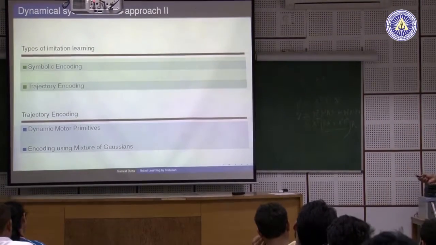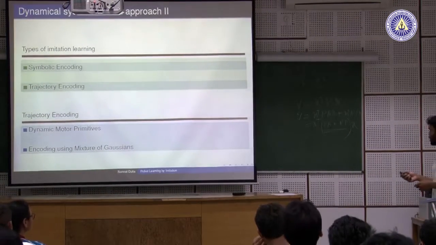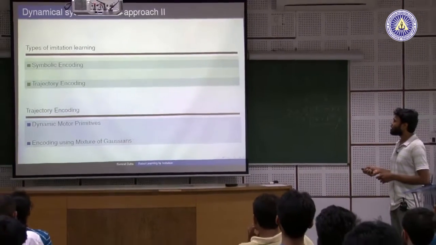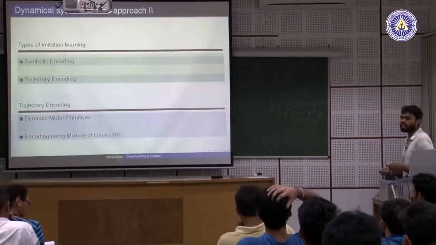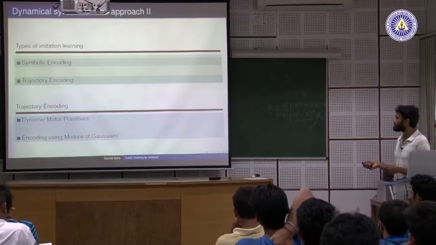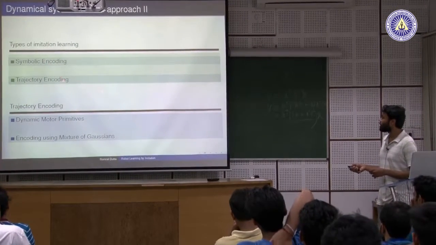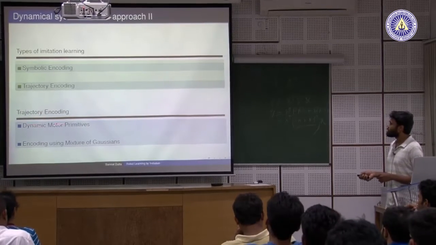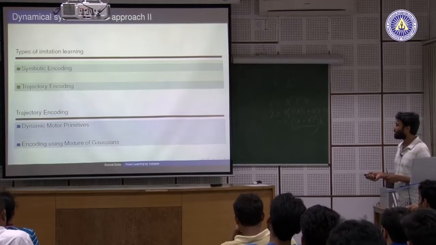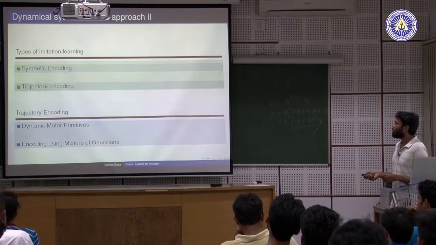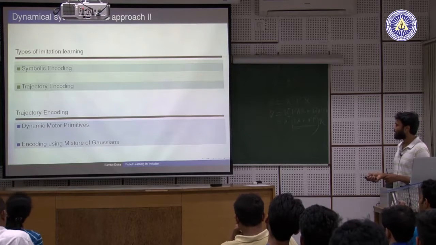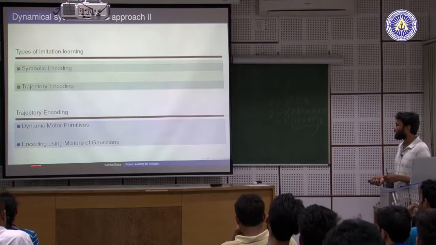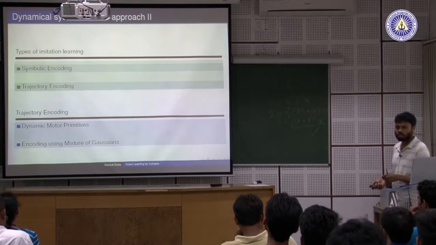Symbolic encoding is of use especially in some cases, but trajectory encoding is quite applicable. So we concentrate on trajectory encoding, where two popular methods are dynamic movement primitives and encoding using Gaussian mixtures.